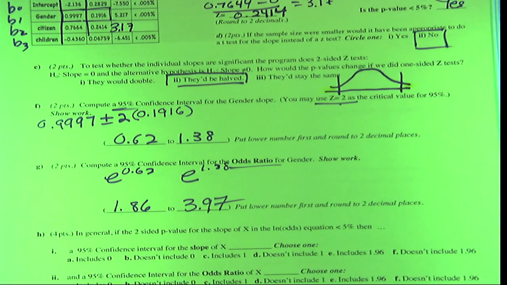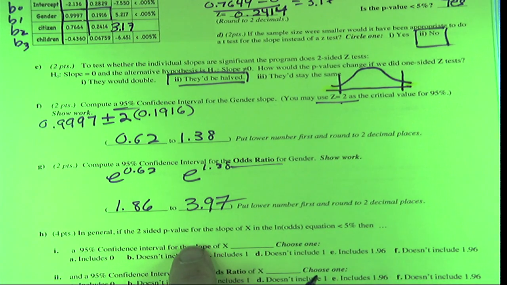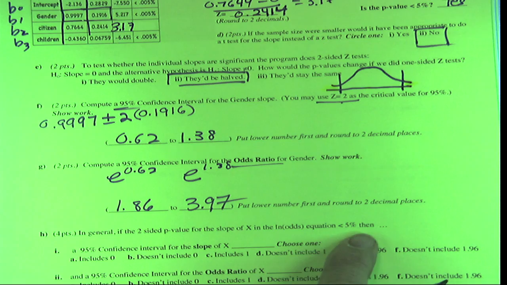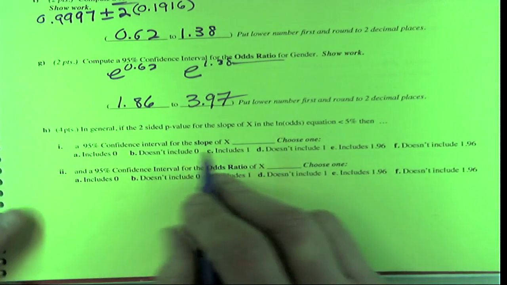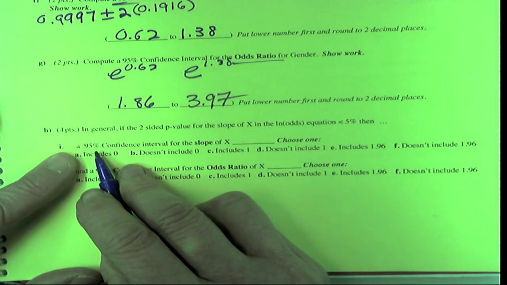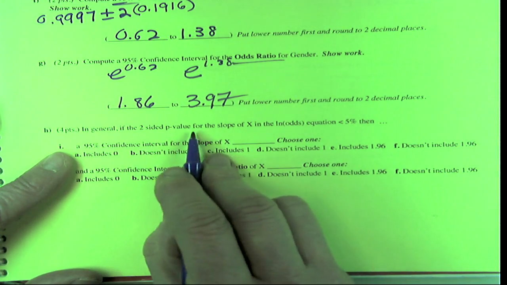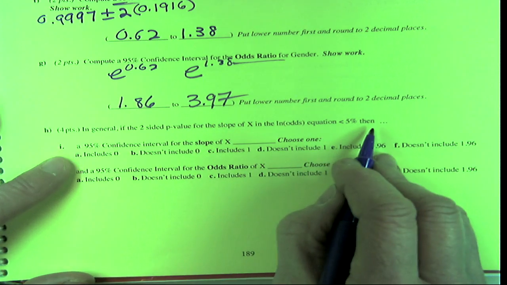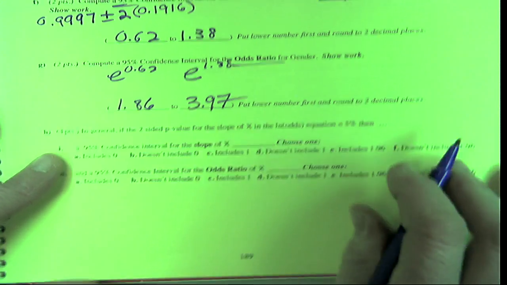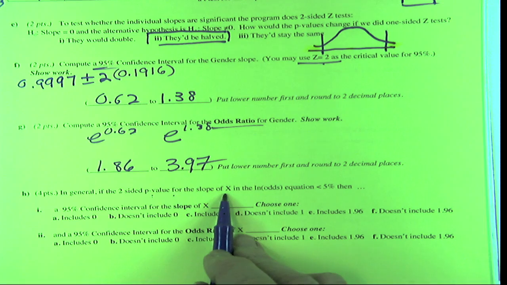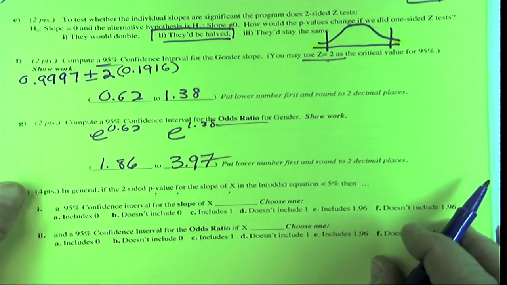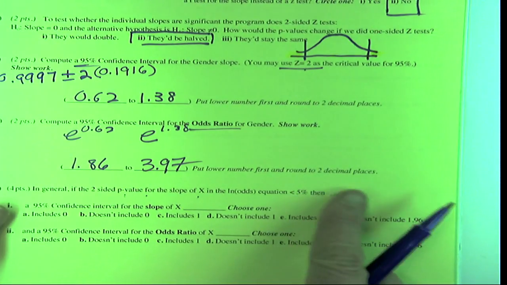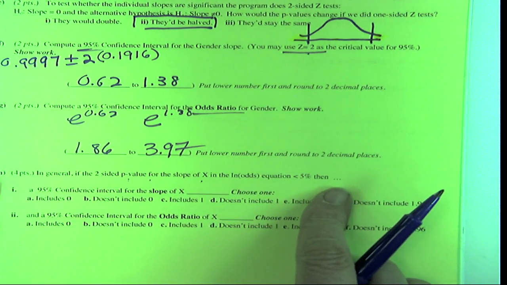All right, now, in general, if a two-sided p-value is less than 5%, what do we say? The two-sided p-value for the slope in the log odds equation, so these p-values right here, are less than 5%. What are we testing?